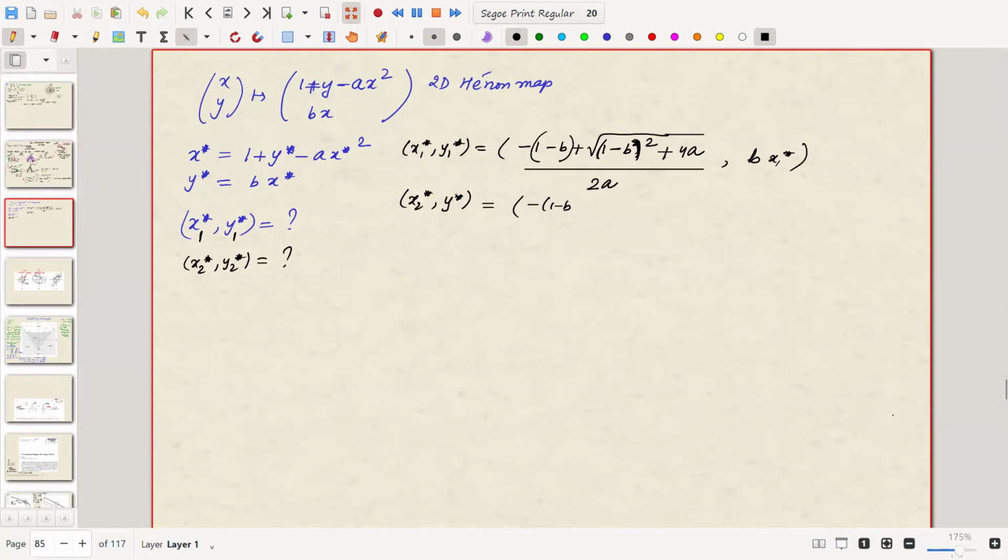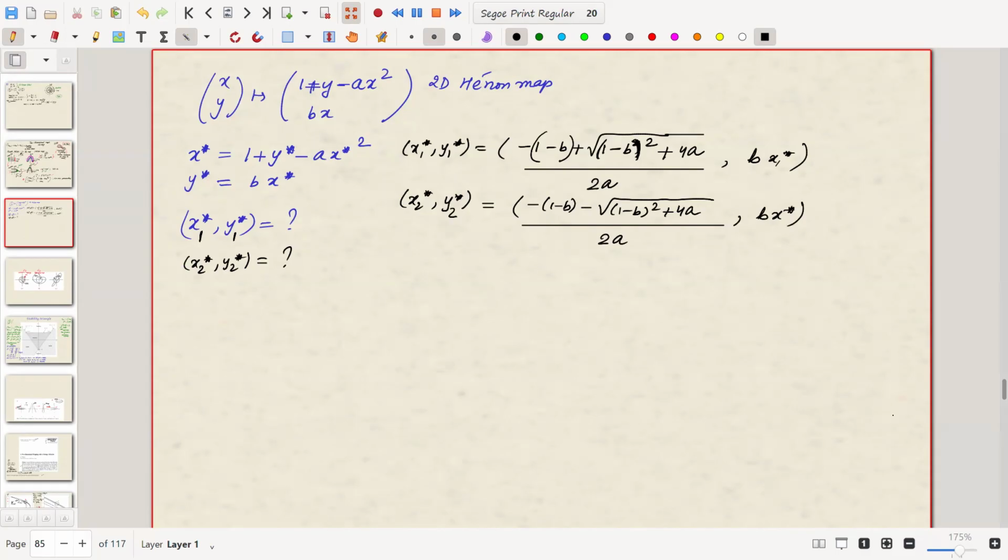It's just the same, but there will be a minus here. So these are the 2 fixed points of the map.